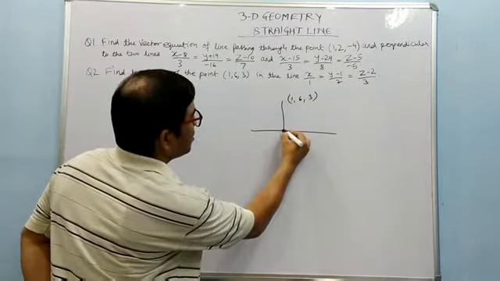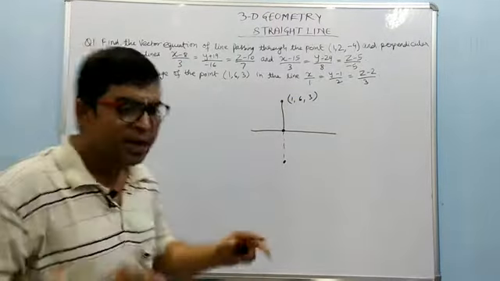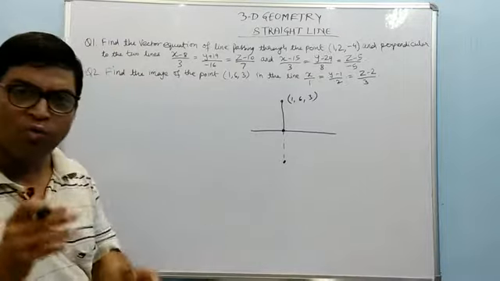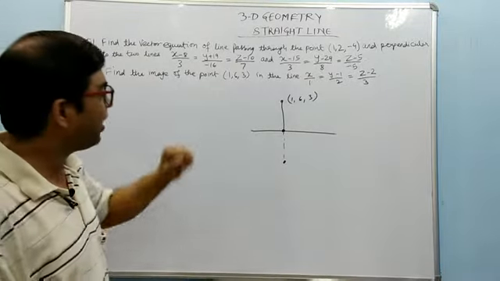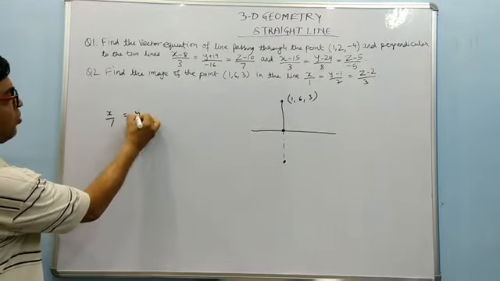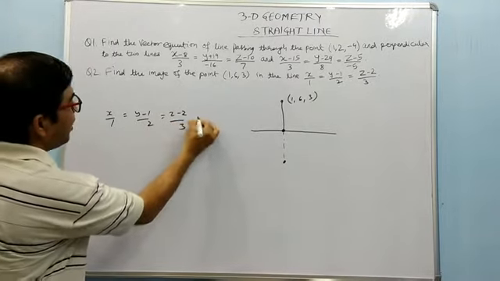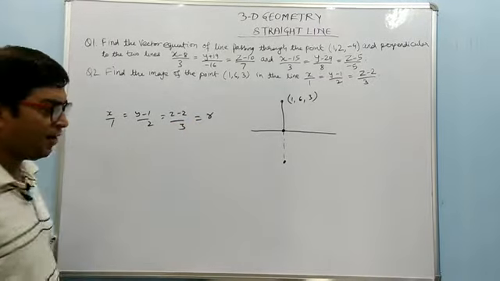If we get this point, we can get the image very easily. Now we see how to take a point on a given line. The line is x by 1 is equal to y minus 1 by 2 is equal to z minus 2 by 3. Let us take r.